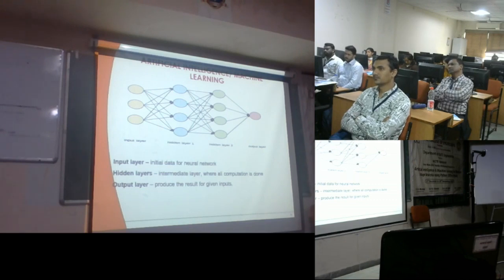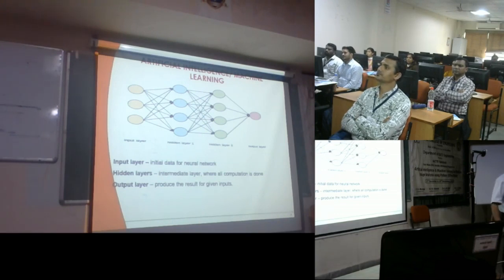or the prediction. Now, more than one hidden layer is required when your data is very complex, not only in terms of volume. Data complexity is not directly proportional to how much volume of data you have.